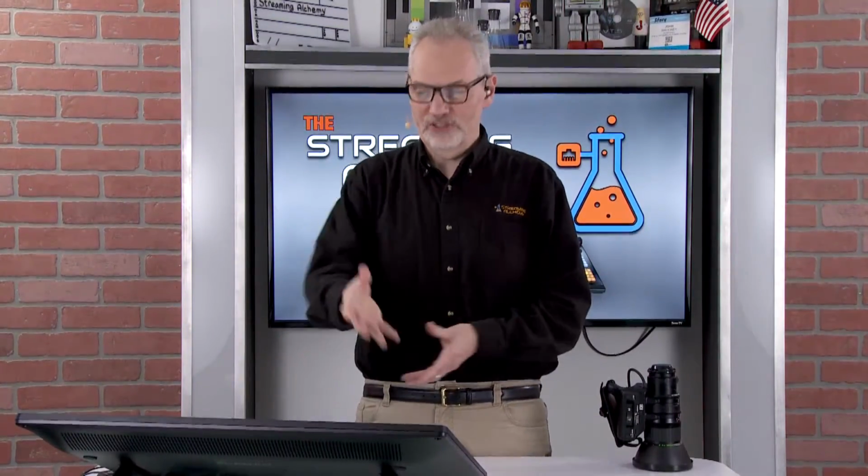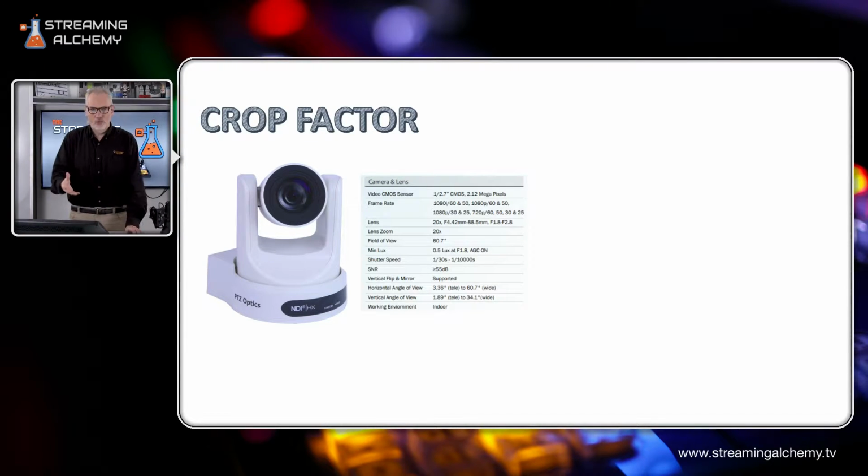But in reality, most cameras are not full frame. There's the APS-C, Super 35. There's Micro Four Thirds. PTZ cameras like the PTZ Optics is about a 1/3 inch sensor. So when you look at this, you actually have to make an adjustment based on the size of the sensor for how wide a field of view you'd get.